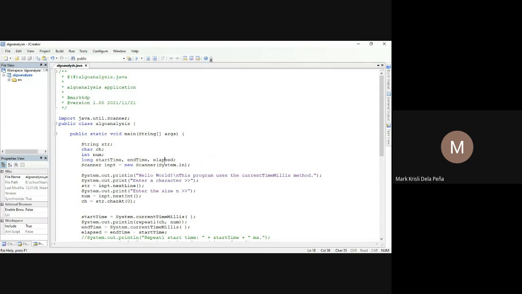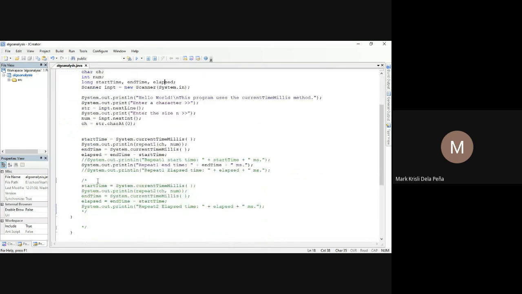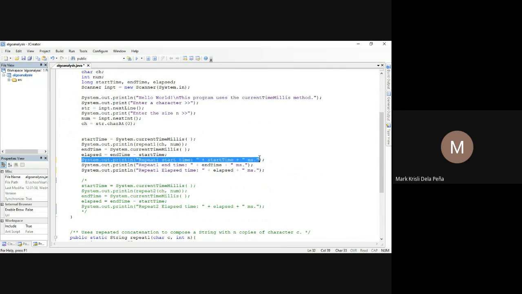This is the equivalent code in Java. I am commenting out the last lines first because I want you to see first what the currentTimeMillis function looks like. We have currentTimeMillis, start time, and end time. So let's run it.